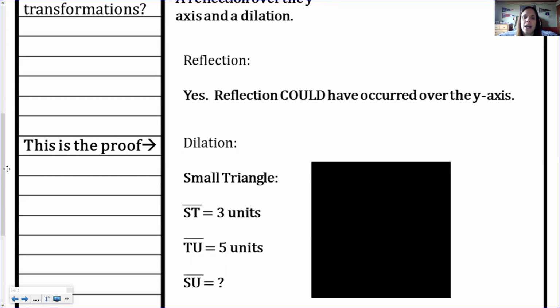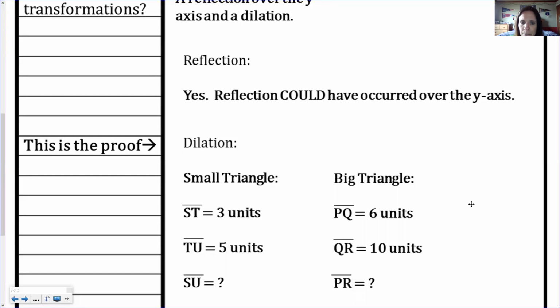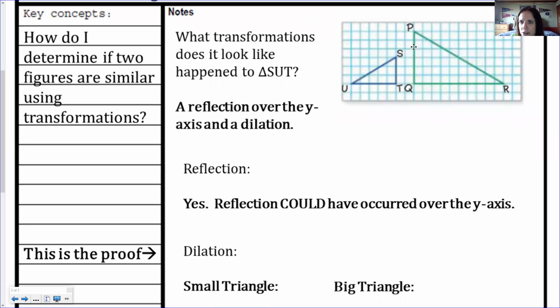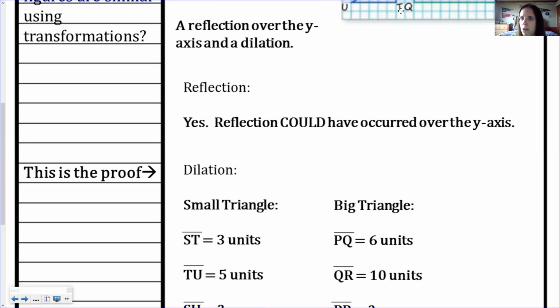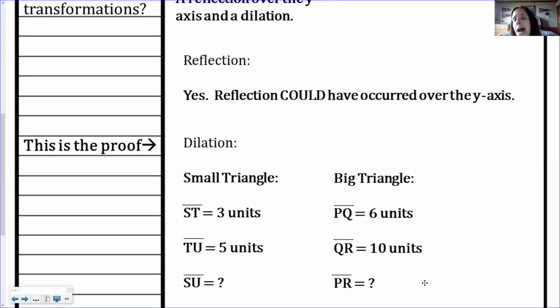Yep, so you could do a squared plus b squared equals c squared, 3 squared plus 5 squared equals c squared, and go on from there, okay? The big triangle, or the green triangle, PQ, which is the vertical leg, 1, 2, 3, 4, 5, is 6 units. QR, the horizontal leg, is 10 units. And again, we don't know that hypotenuse, but we could use the Pythagorean theorem to find it.